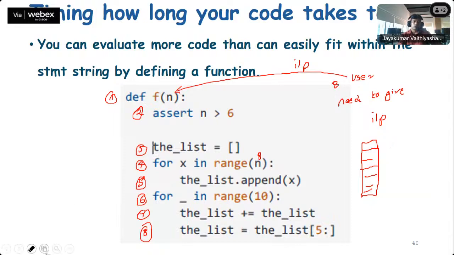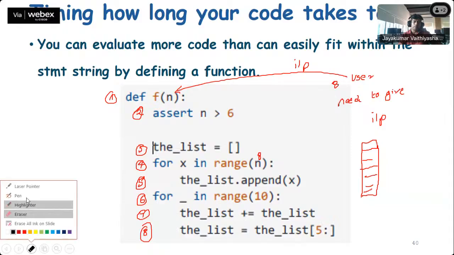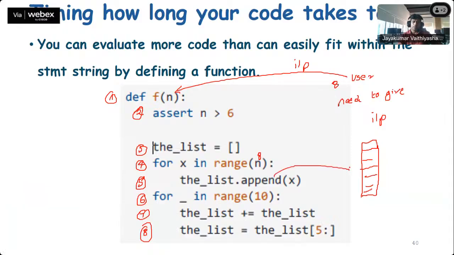Okay, so it will do append. Append means update. Each and every time it will update. So append is nothing but update. Fine. So what it will do? 1, 2, 3, 4, 5, 6, 7, 8. It will update 8 numbers because it is in range.